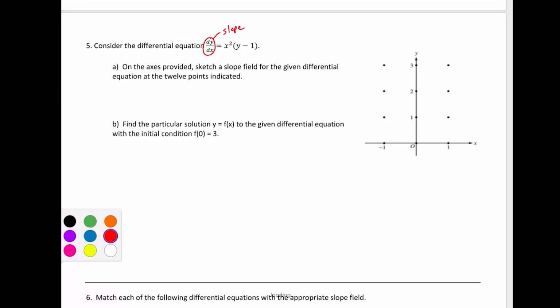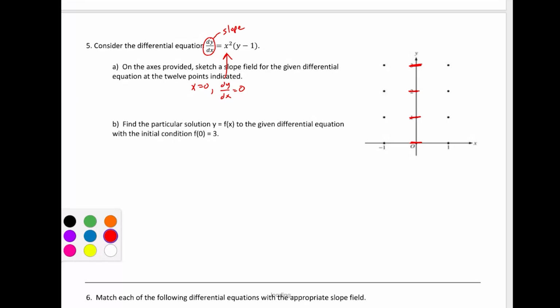And so let's see if we can't start with some zeros here. Let's see if we can't zero out anything. Like for instance, when x is 0, the slope has got to be 0 because 0 times anything is 0. So wherever x is 0, regardless of what y is, the slope will be 0. So here, here, here, and here, that's always going to be 0.